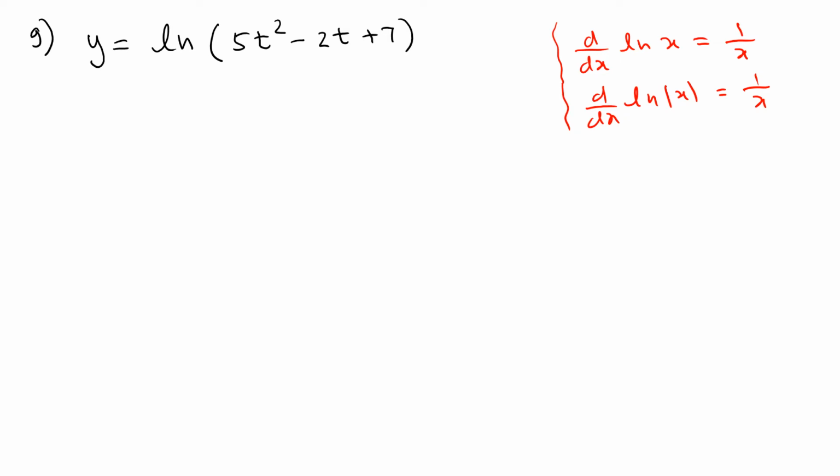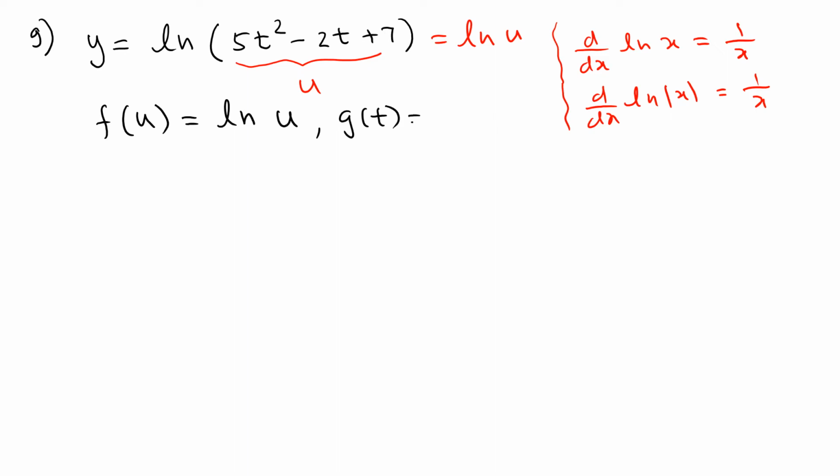Okay, so again, it's very clear what the inside function is. That's u, the inside function. So this is simply ln u. That means you can write the outer function, which is f(u), which is simply natural log u, and the inner function g(t), which is 5t squared minus 2t plus 7.